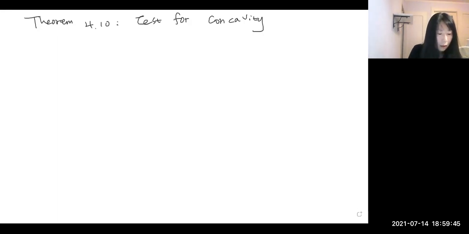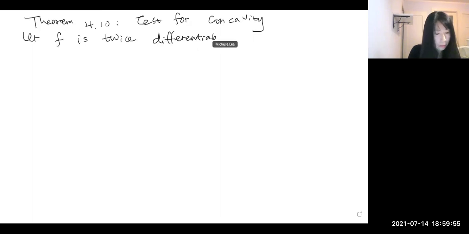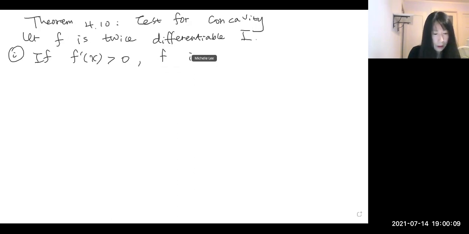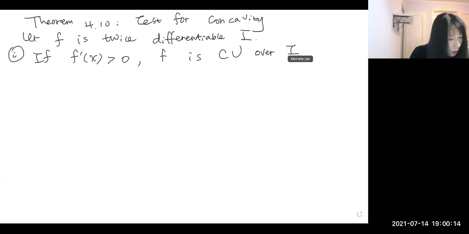Given a function f that is twice differentiable over the interval I, if f double prime of x is greater than 0, then f is concave up over I. So it must be the second derivative, not the first, because we talk about the twice derivative.